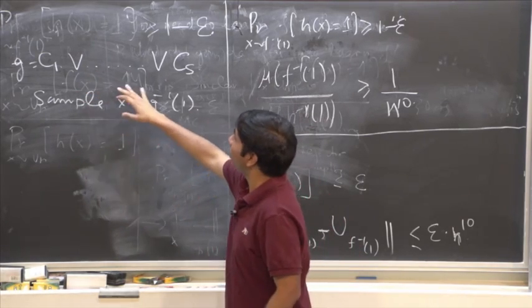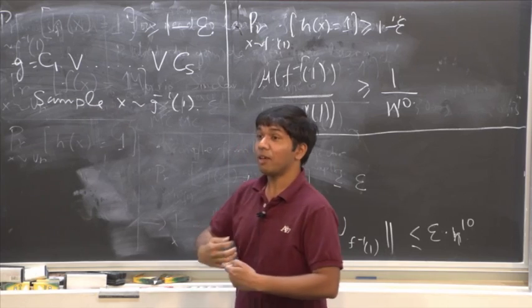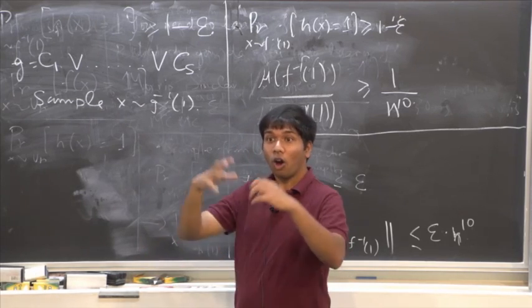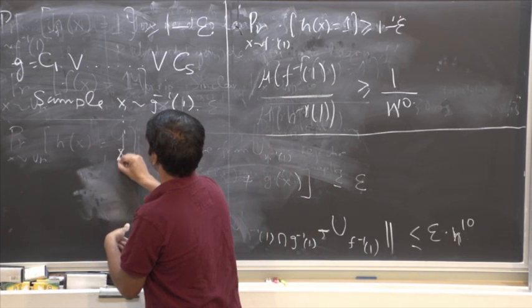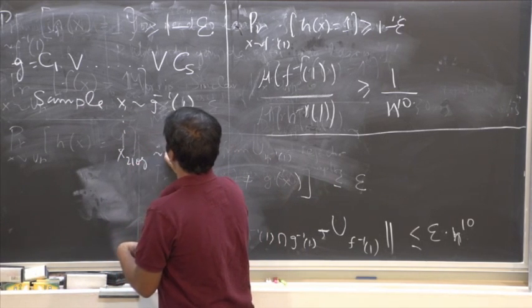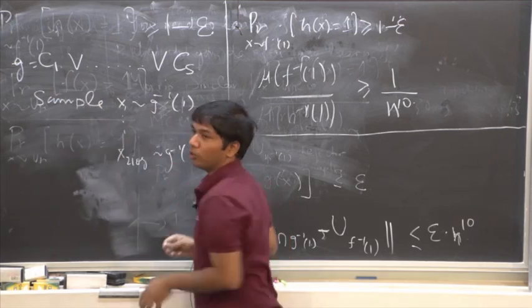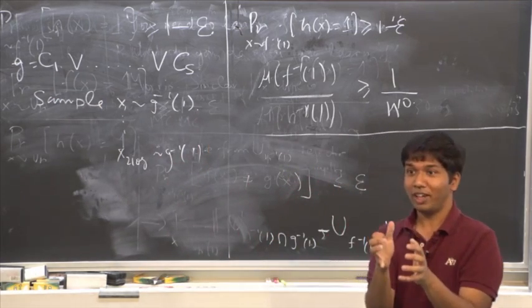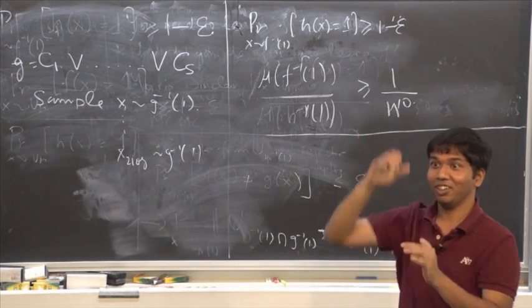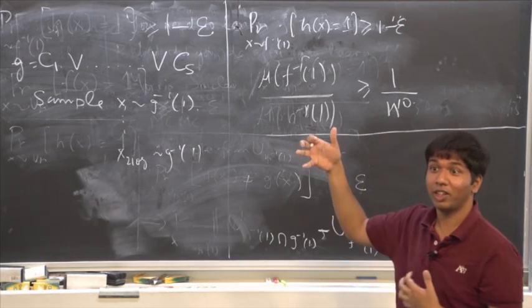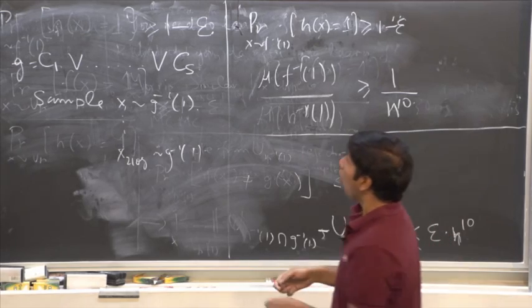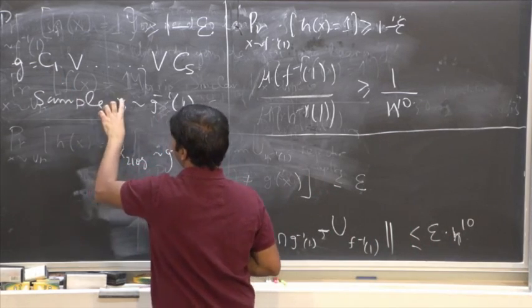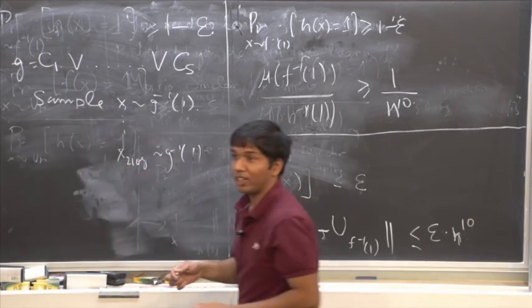So if I sample 2 log n satisfying assignments, x1 to x2 log n, all of them will satisfy C1 with probability 1 over S raised to 2 log n. If S is polynomial, that is why you will have a quasi-polynomial running time. With probability 1 over S to the log n, all of these x1 to x2 log n will satisfy C1.